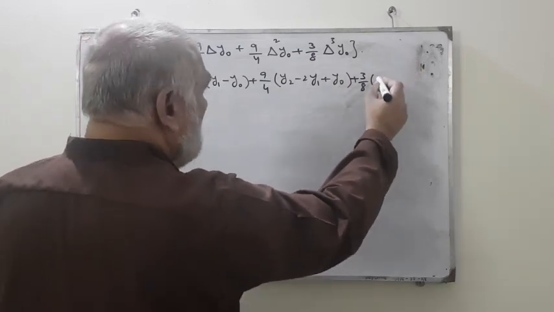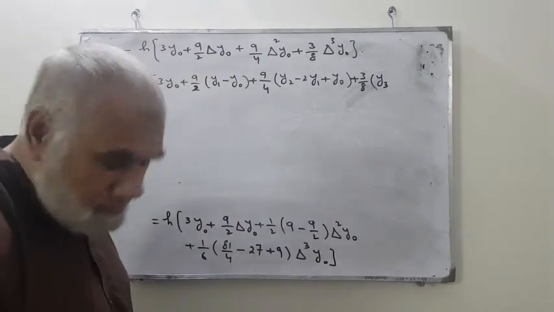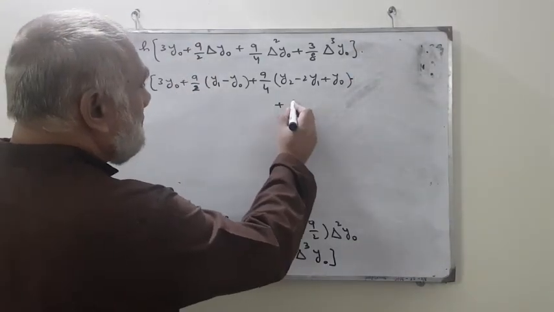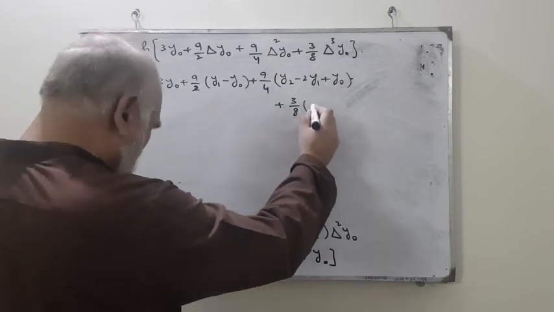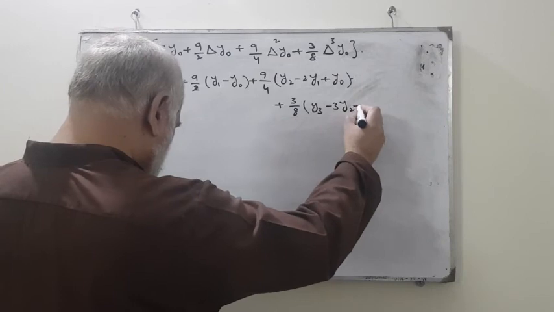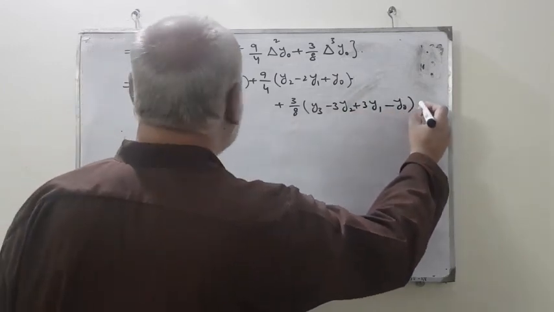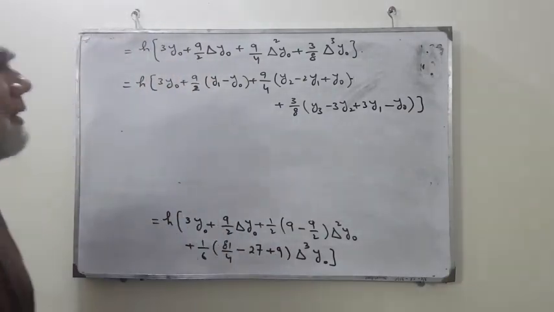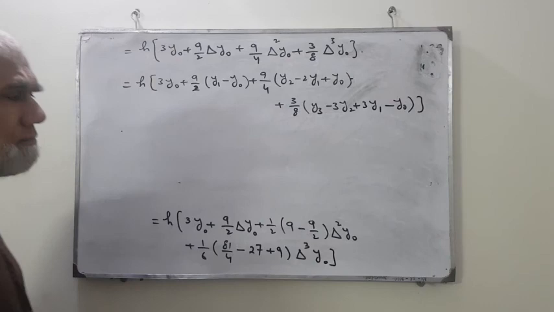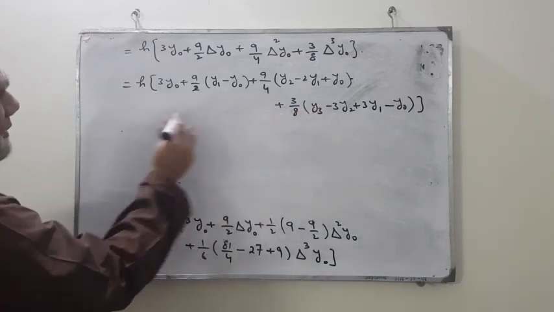On applying we get 3 by 8 (y3 minus 3y2 plus 3y1 minus y0). So this is the third time operation of the forward difference operator.